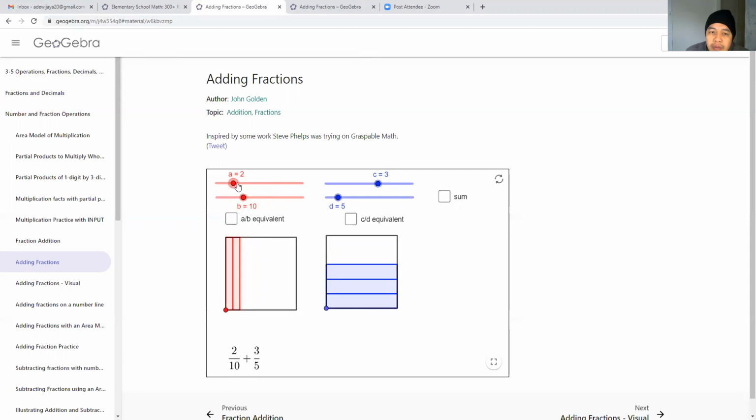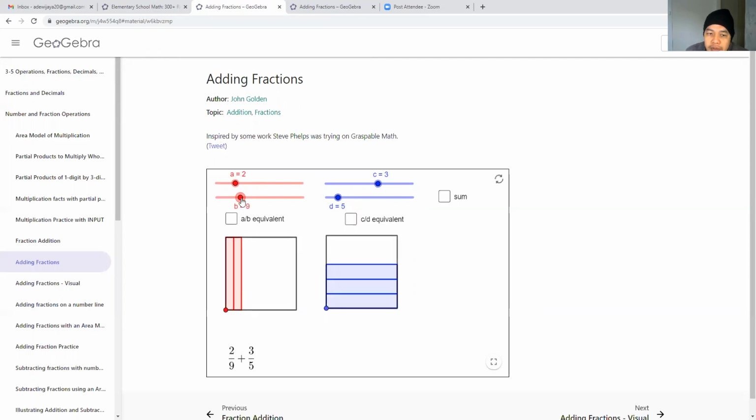When you have a fraction, what it shows here is the visual. When the denominator equals 10, these bars divide the square into 10 equal sections.